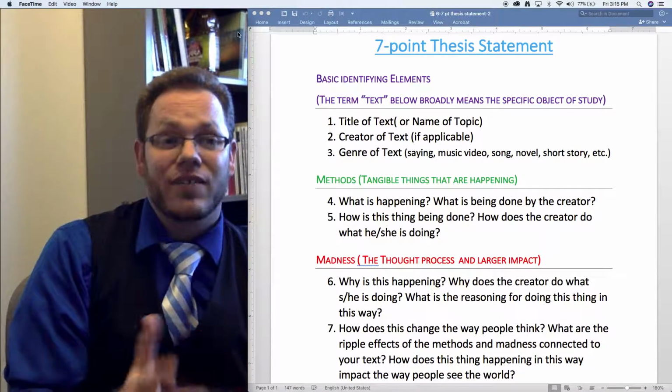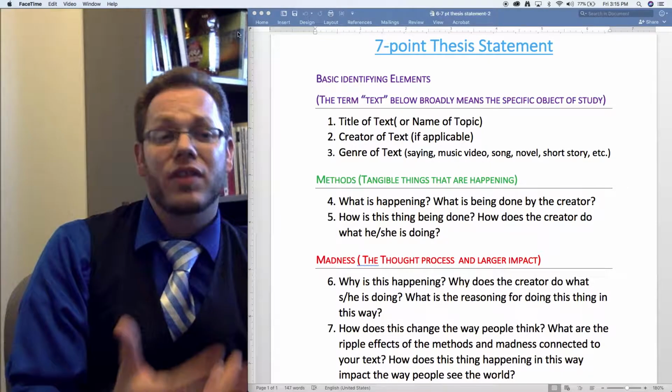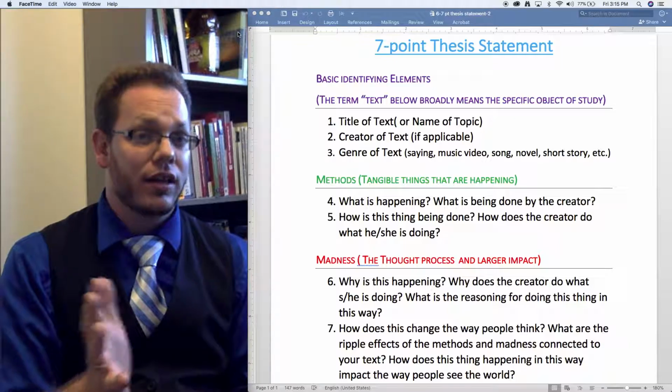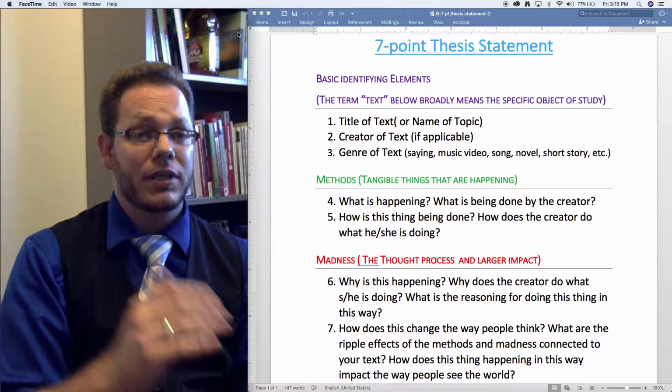Another option is, if I tell students to write about a writing culture, they may not have a specific text or title of a text, perhaps, but maybe something they could do.